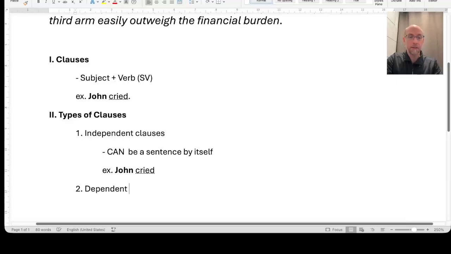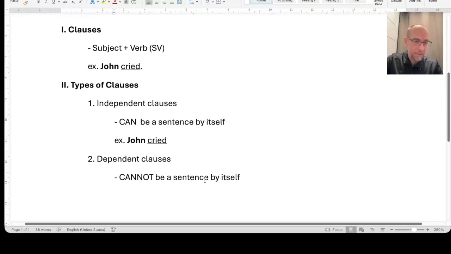Dependent clauses. Well, obviously we can guess that it's something different from independent. If independent clauses can be sentences by themselves, then dependent clauses obviously cannot be a sentence by itself.